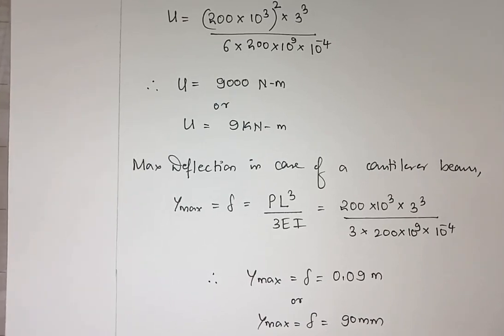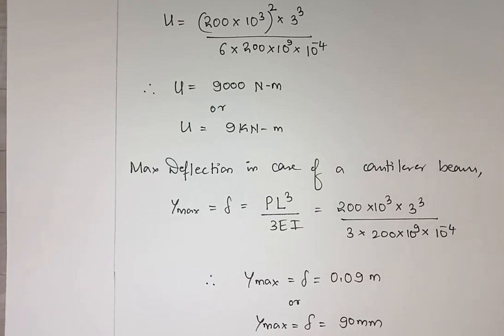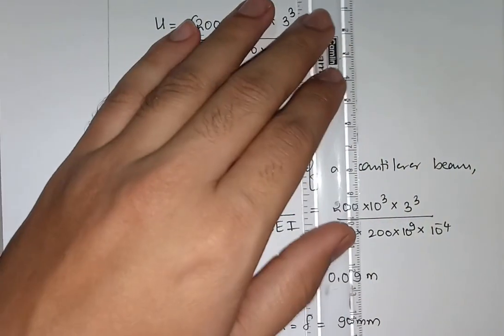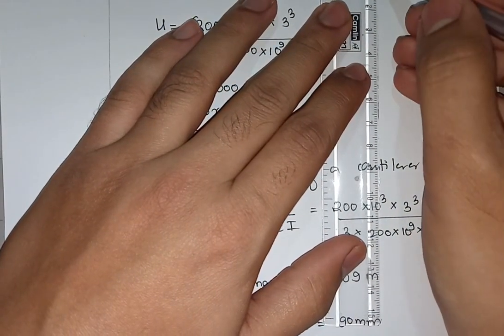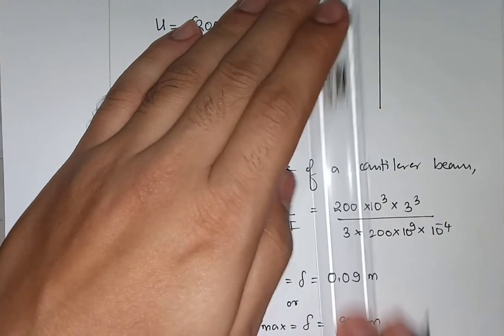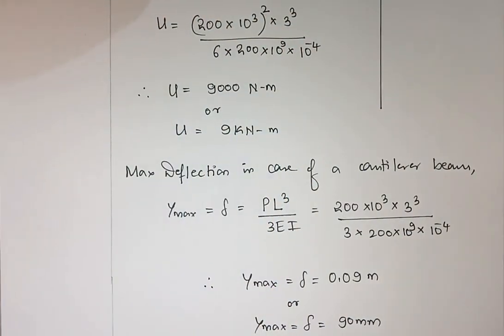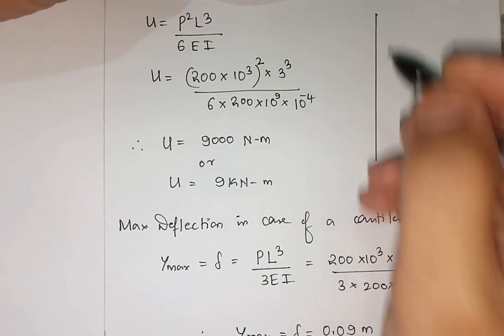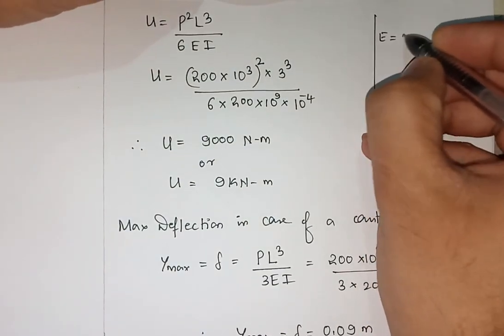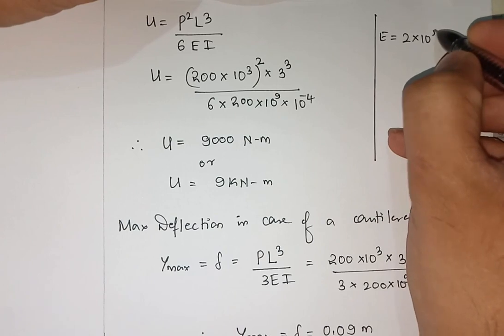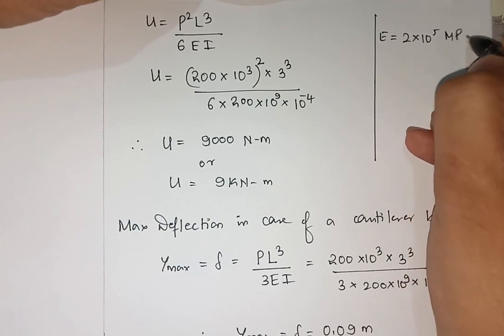Now one thing you might have noted, that in the given problem E is given in MPa. E is equal to 2 into 10 raised to 5 MPa.